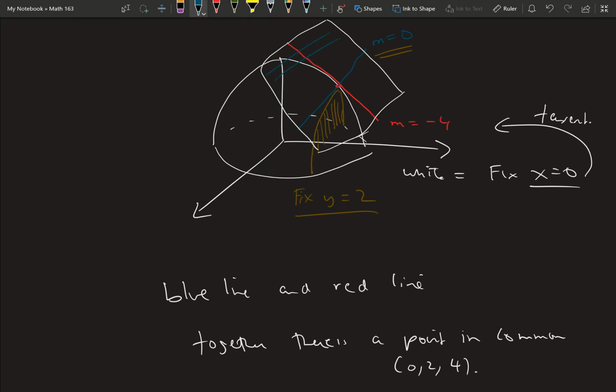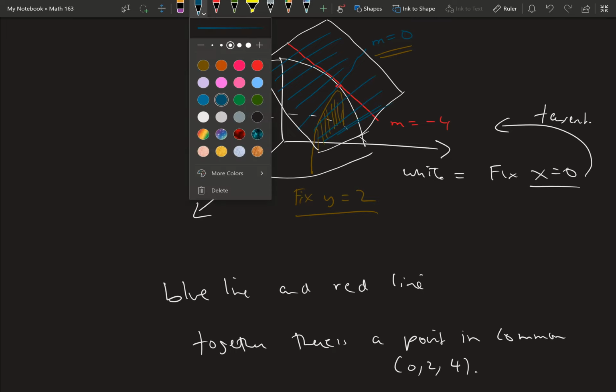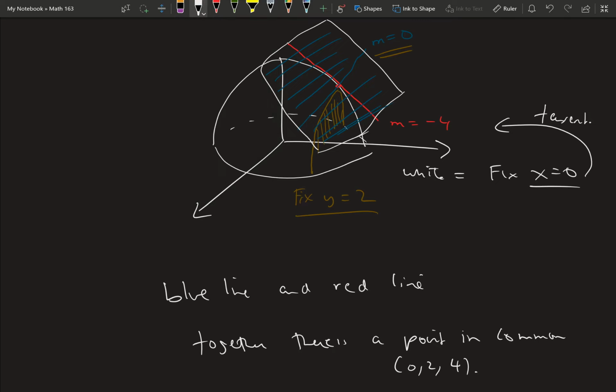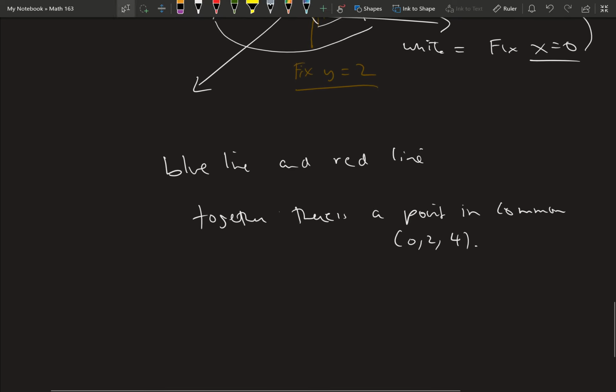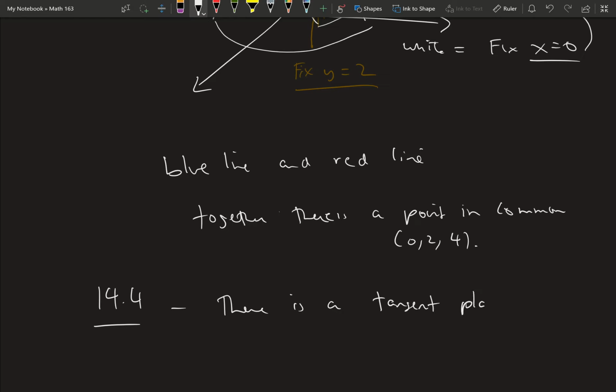This thing is called a tangent plane. So there is a unique plane. I'll just state this. This is essentially what we're going to talk about in 14.4. There is what's called a tangent plane to the surface at each point.